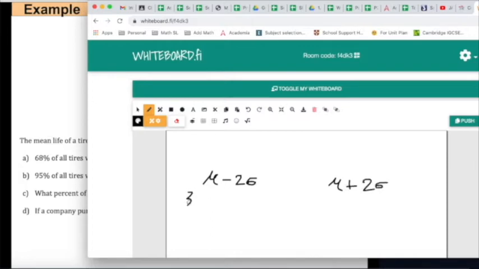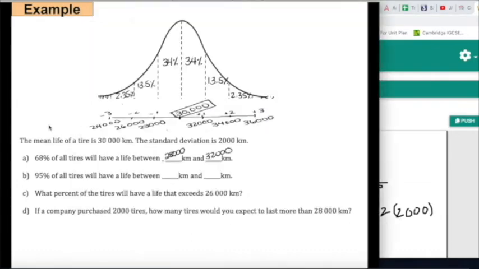We know that mu is again 30,000. So I just put mu 30,000 subtracted by 2 times the standard deviation, in this case 2,000, and this one is plus 2 times 2,000. So we have 26,000 over here, and over this end we have 34,000. So there we go.